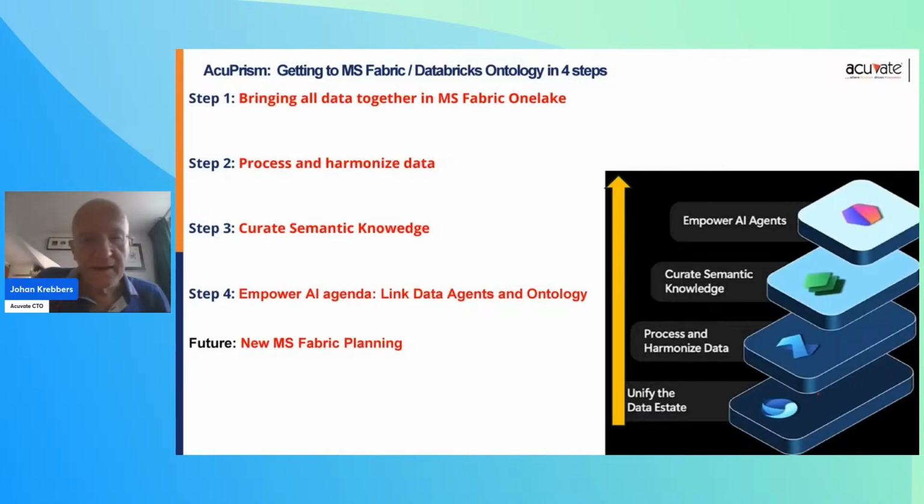Again, I'll explain that in a moment. But really, ontology is really important. It sits on top of your data layer. Why is it so important? Because it means that a business user can talk to the ontology in his business language. He doesn't need to worry about IT language, but he can use his business namings.